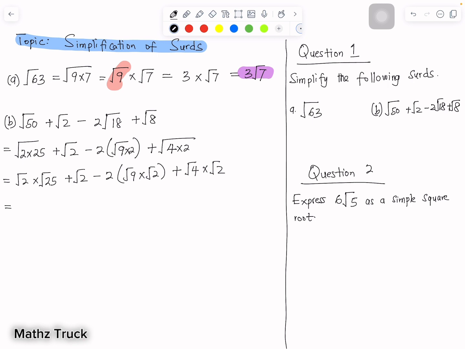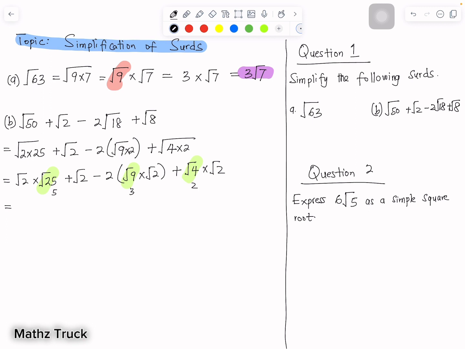Now we know that root 25 here gives you 5. We know root 9 gives you 3. And then root 4 gives you 2. Knowing this helps you to solve the question in a much simpler way.